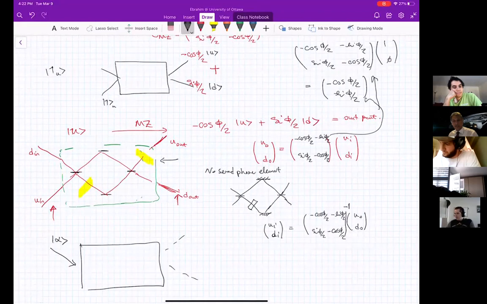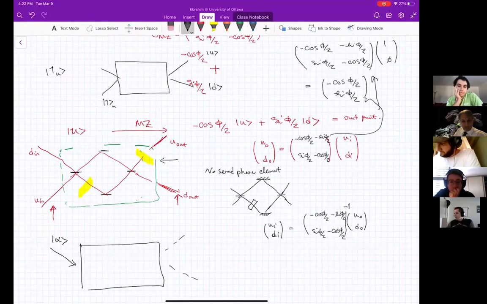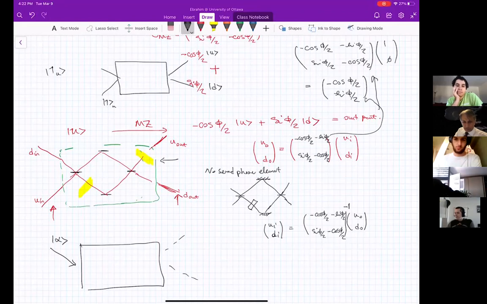Okay, what is the inverse of that? Most of you definitely know. Simplify. Transpose? It is transpose, yeah. I just want to be sure.